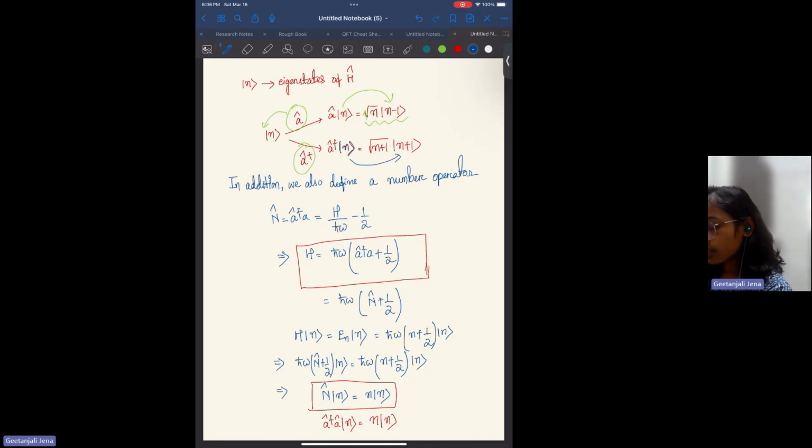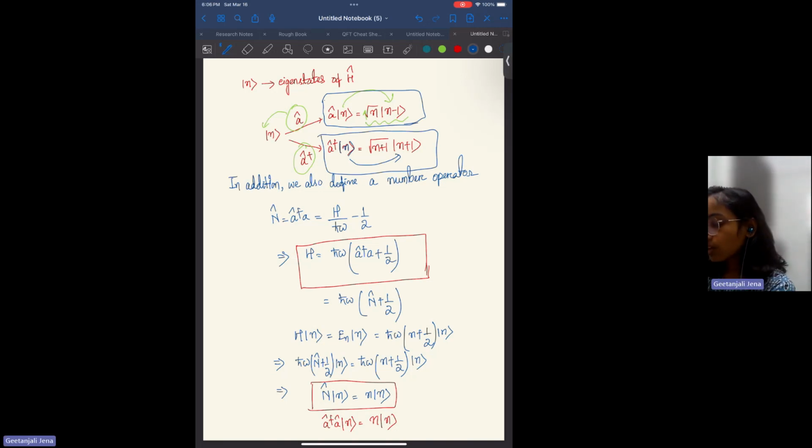When you act a raising operator on any state n, it raises the eigenfunction of this system to the next higher energy state with a coefficient root n plus 1. These are the expressions of how the action of the lowering and raising operators changes the state of the system.